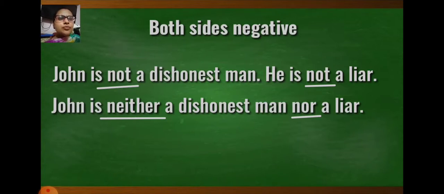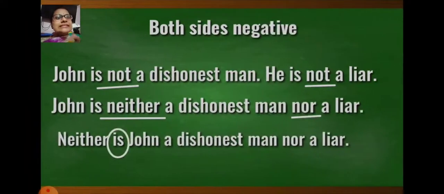Neither and nor, both you can use in case of negative sentences, but you use neither and nor when both sides are negative. Let's see some more examples. You can use neither in the beginning also, but remember, the tense we have used in this sentence is present: John is.